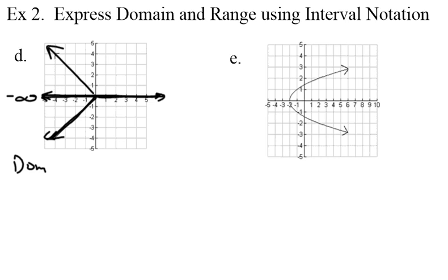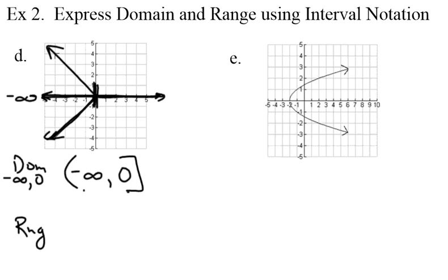Where's our right wall? Well, we see our right wall stops at 0. So our low value, negative infinity, our high value is 0. Interval notation, low value, high value. Infinity always has a round bracket, and it includes the 0, square bracket.